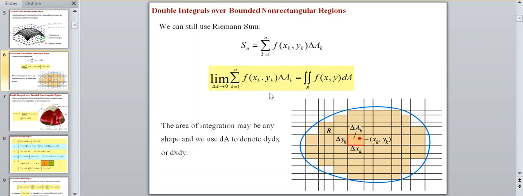We can prove that this limit exists, and it is defined to be the double integral of f on R, denoted by this, the double integral over R of f of x k, y k dA. This is how we define the double integral, just like a single integral.